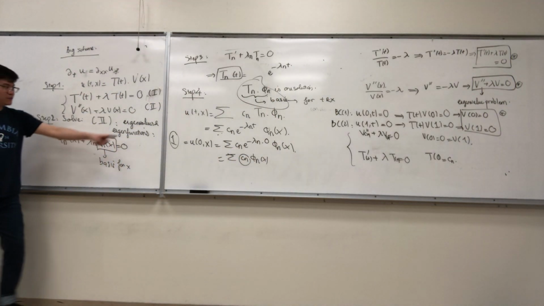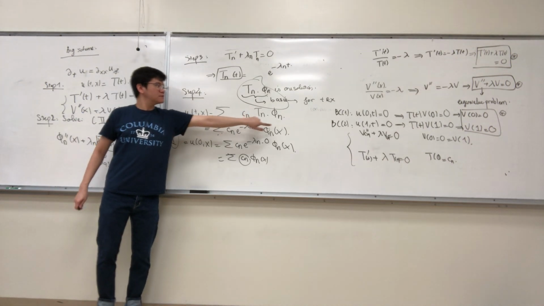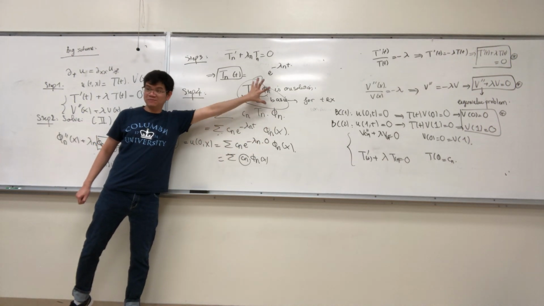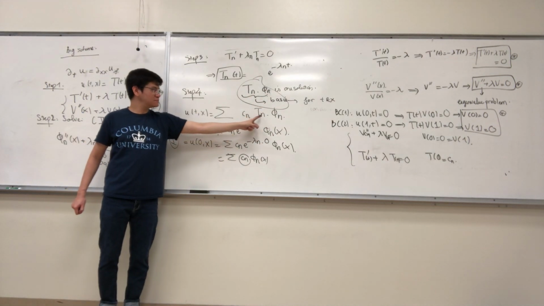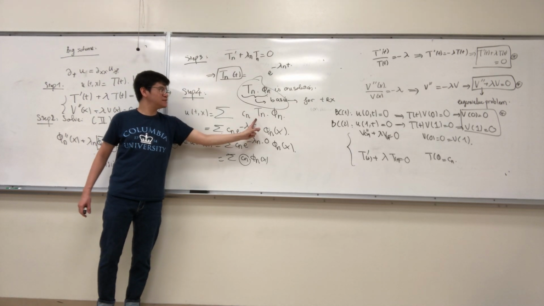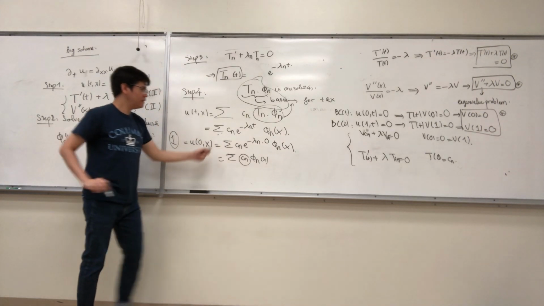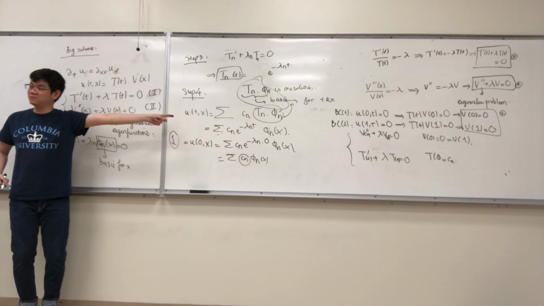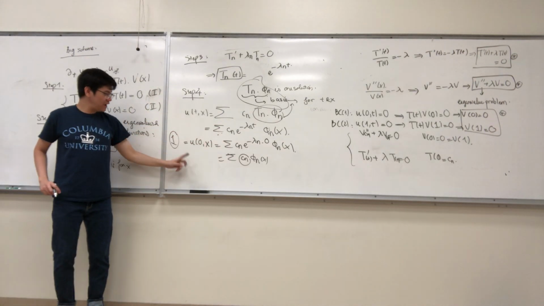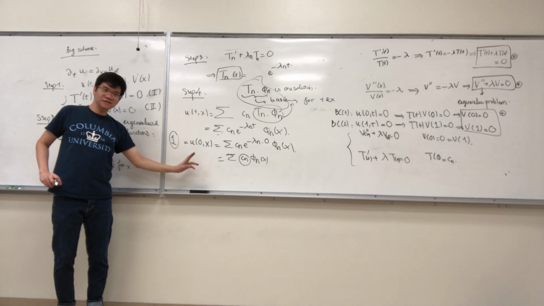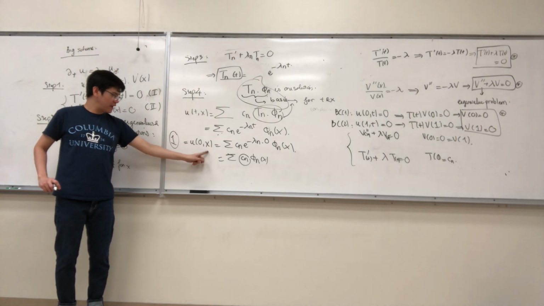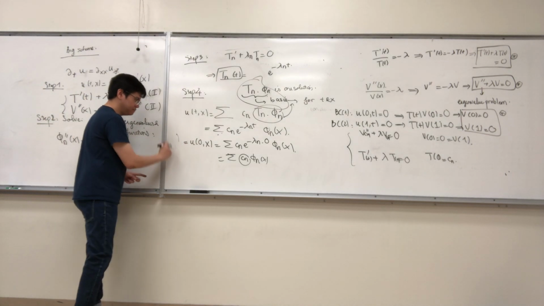So the solution will be an expansion on this basis. You have Tn(t) times Vn(x), which is the basis for t and x. All right, but you have to compute this Cn. So how do you compute this Cn? You have that when t is 0, u(0,x) is equal to x, for instance.